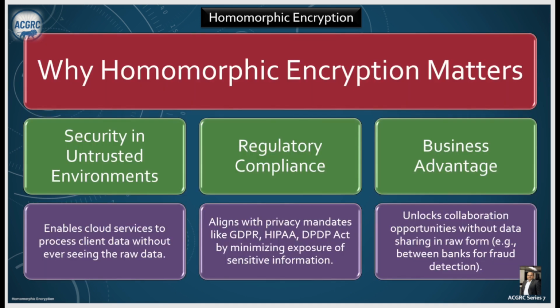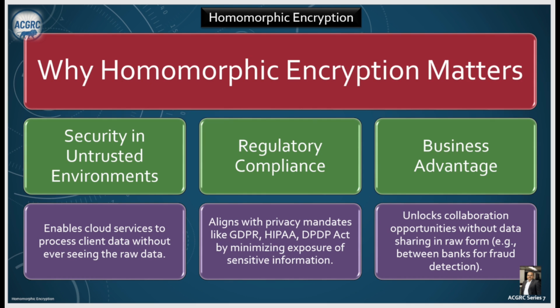So now why does homomorphic encryption matter? Well, security in untrusted environments, which enables cloud services to process client data without ever seeing the raw data. That's the first. Second is regulatory compliance.